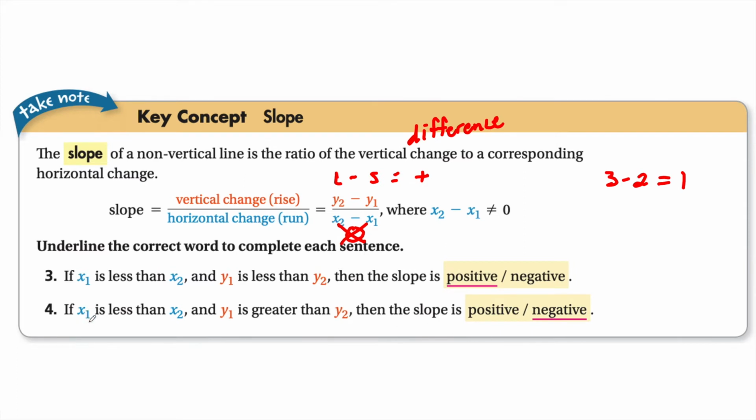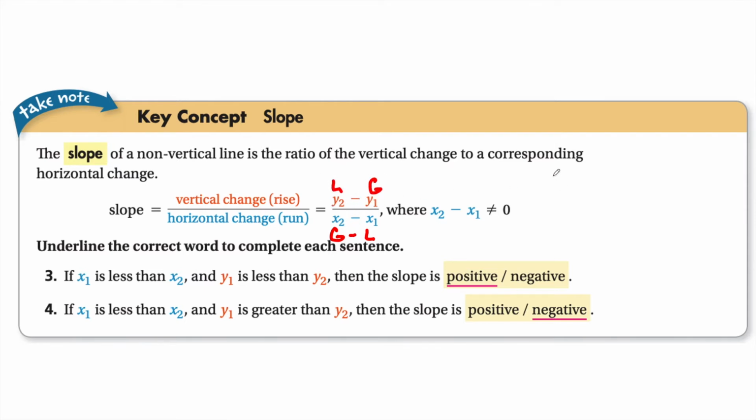However, if x1 is less than x2 and y1 is greater than y2, so in other words, if we take a look at the top portion, we see that x1 happens to be less than x2, which is a greater number, and we subtract those out, but y2 is going to be less than the greater number, which is at y1.